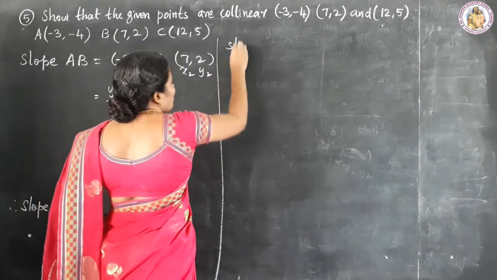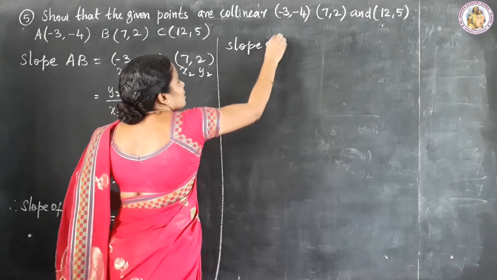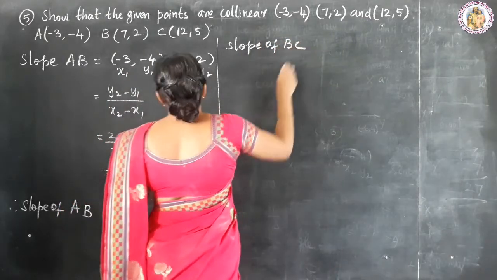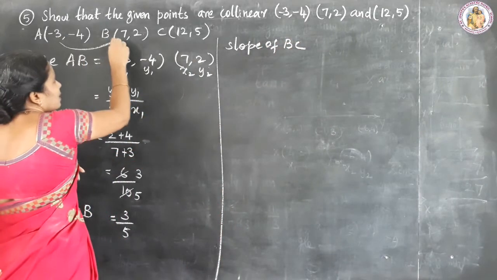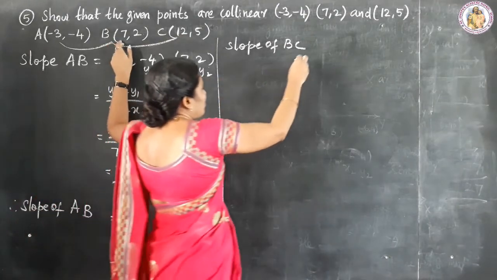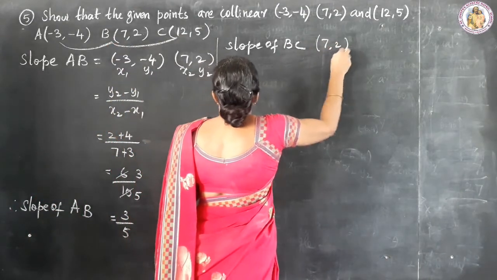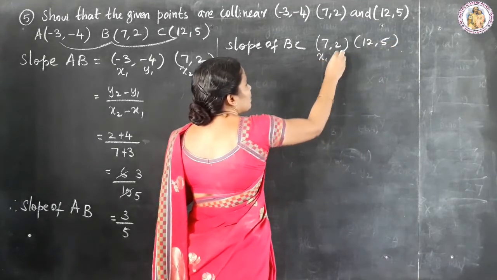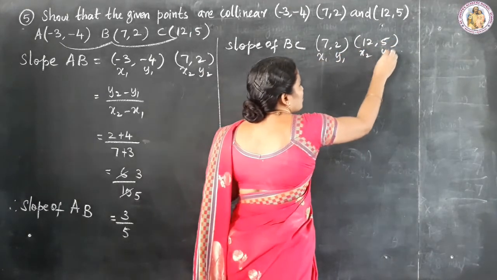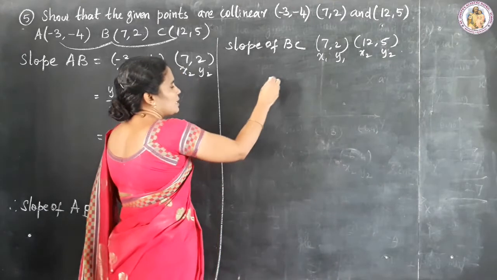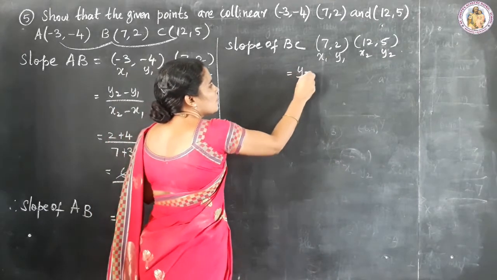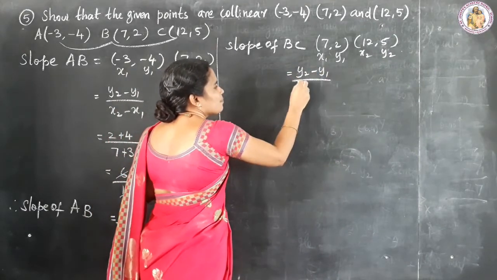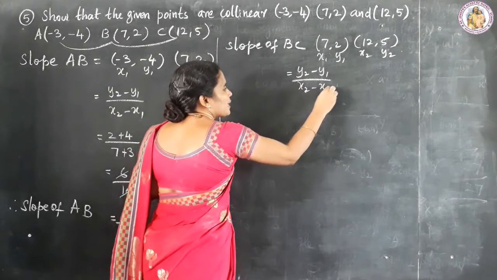Now let us find the slope of BC. Write the points B 7, 2 and C 12, 5, taking these as x1, y1, x2, y2. Again the slope of BC is equal to y2 minus y1 by x2 minus x1.